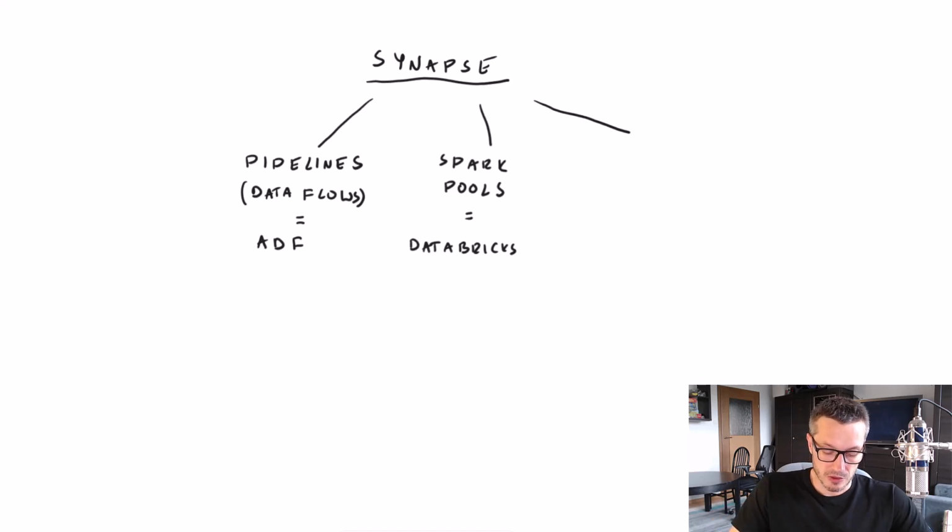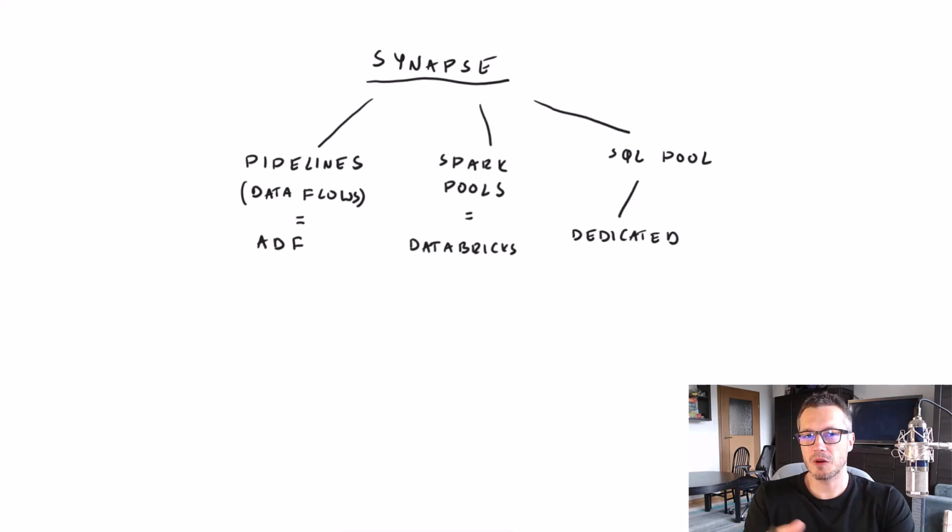And what we also know that exists in Synapse are SQL pools. And so far we learned about the first type of pool, which is dedicated. And dedicated SQL pool is the example of this good old traditional data warehousing, when we have a separate database that physically stores our data, to which we can connect using TSQL that has those regular tables. Good old database.